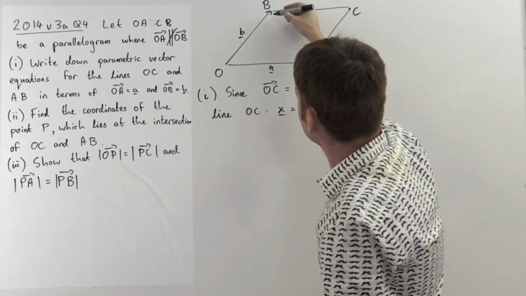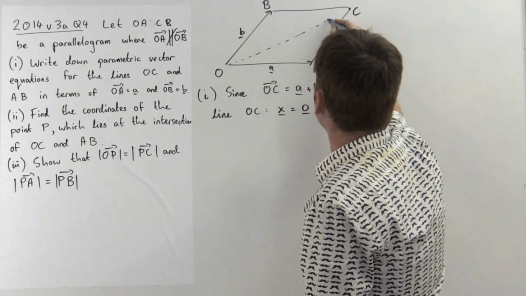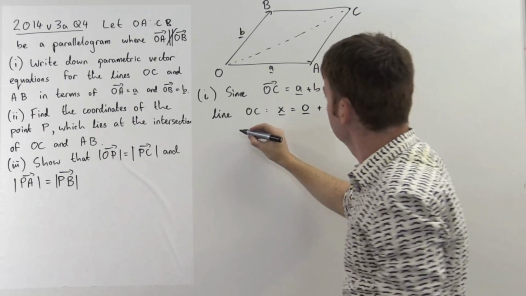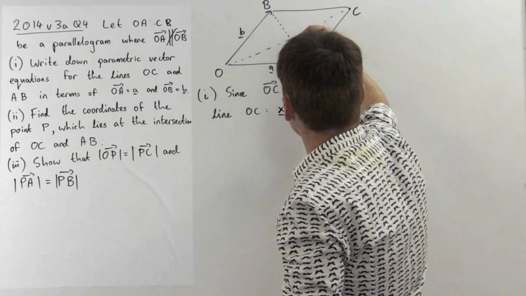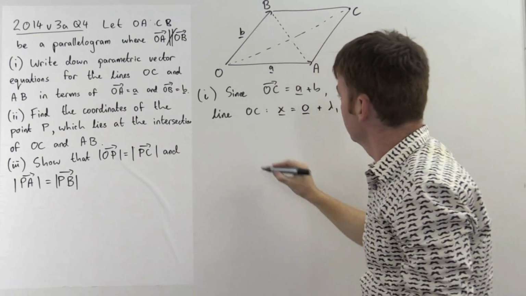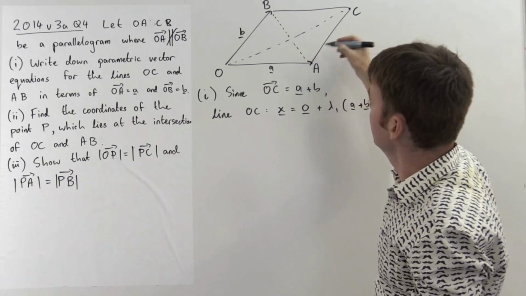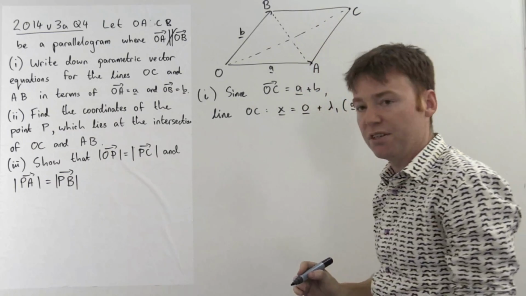So that's this line going from 0 to C. And for the other line between these two points, how can I construct this? Let's choose A as my point on the line and then this direction, AB, as my direction vector.